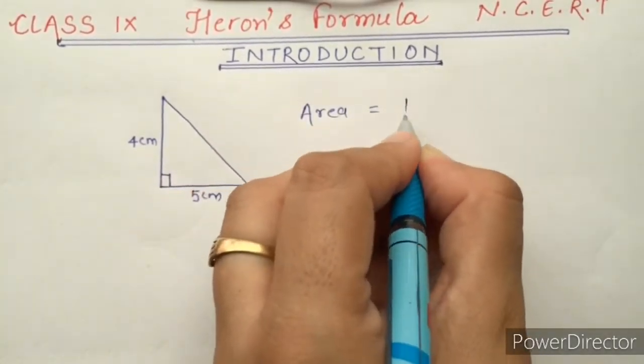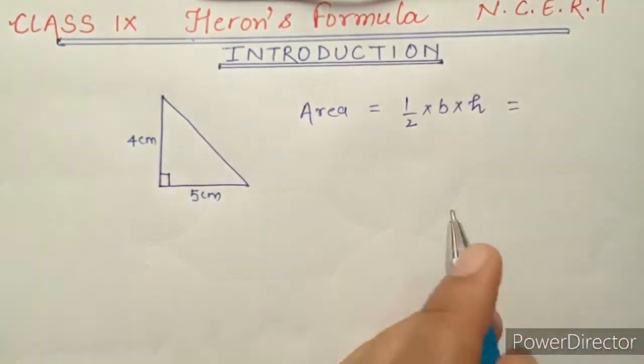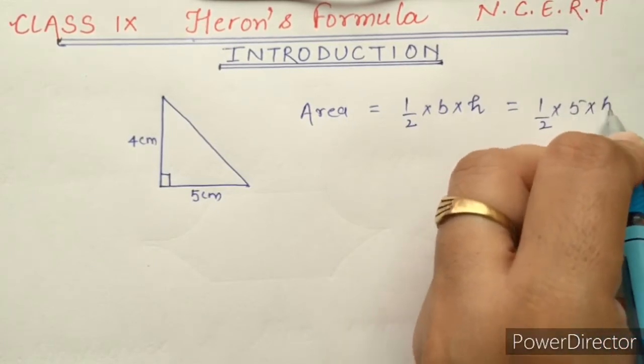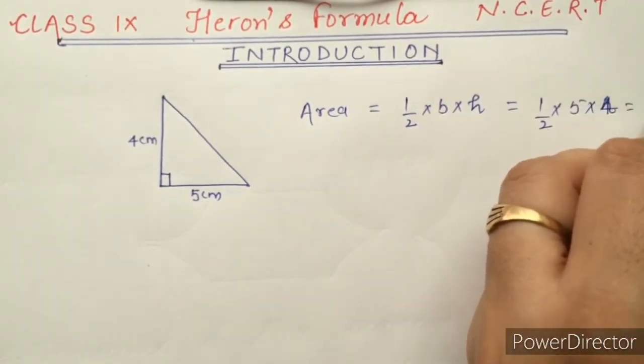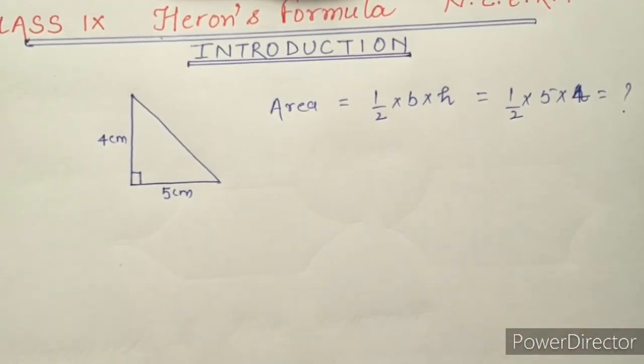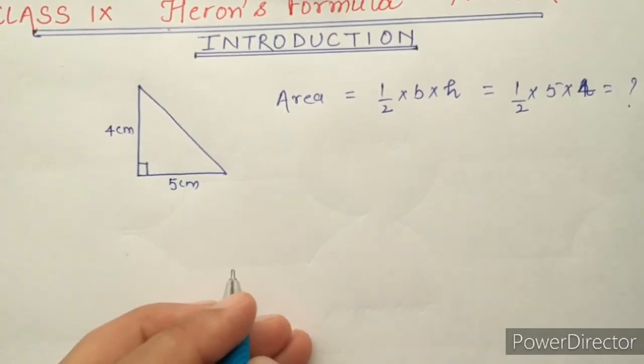The area of a right angle triangle is 1/2 into base into height. If we have 1/2 into base 5 and height 4, we can find its area very easily. It's not at all difficult for us because we have been doing this in our previous classes.